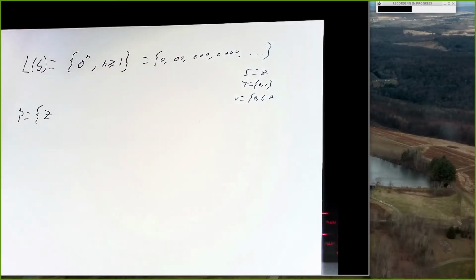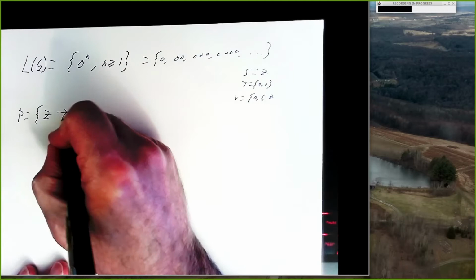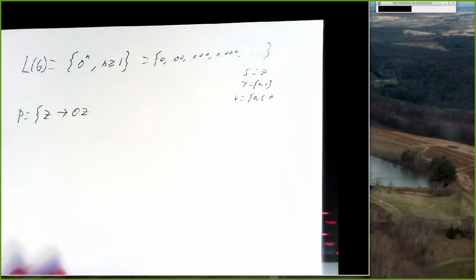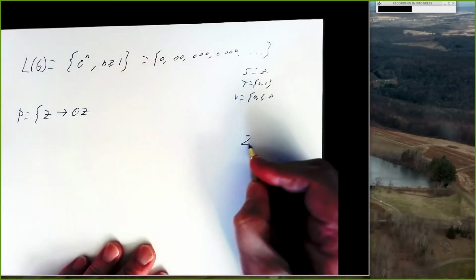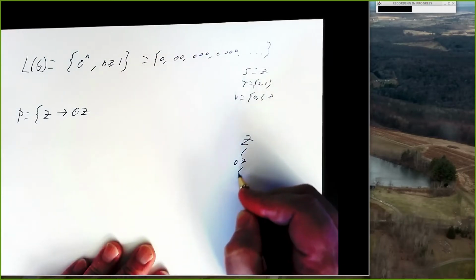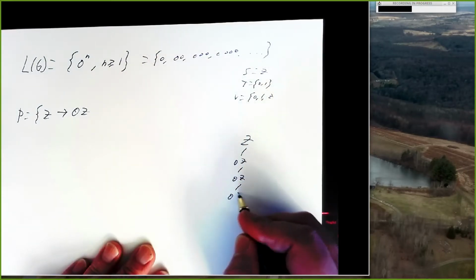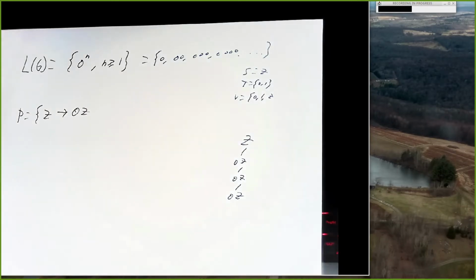Z goes to 0Z. Nice. Take a Z into a 0Z. So now Z could be a 0Z, and this Z could be a 0Z, and this Z could be a 0Z. So we're getting an arbitrarily long string of zeros.